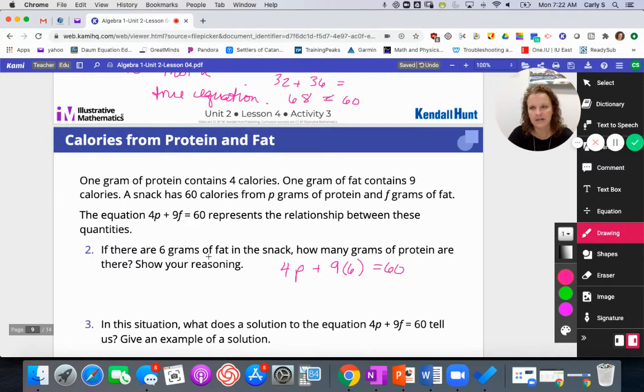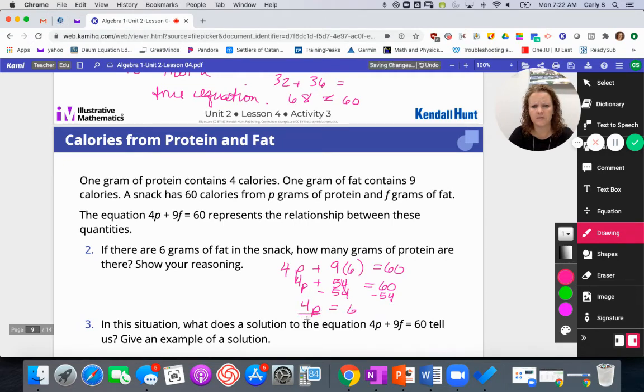So 9 times 6 is 54. Here we go. See, I'm keeping everything lined up. Now I want to subtract 54 from both sides to isolate the P. There's still a 4 in front of the P. So I have 4P equals 6.